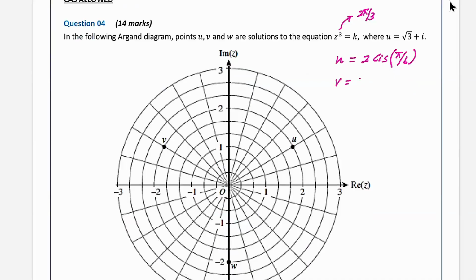V is equal to 2 cis of pi divided by 6 plus 2 pi divided by 3. And that is V. So what is W then? W would be 2 cis of pi divided by 6 plus 4 pi divided by 3. Am I right? Yeah.